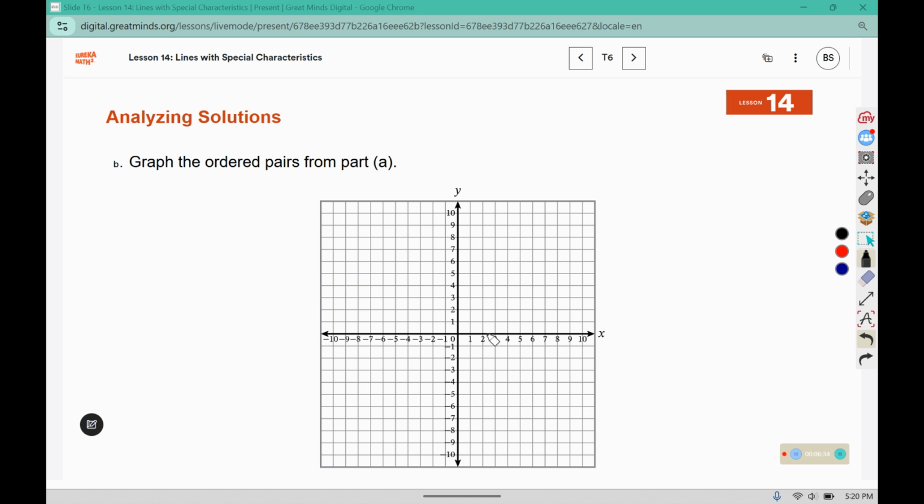So in the case where the y had a 0 term, we ended up with a vertical line.